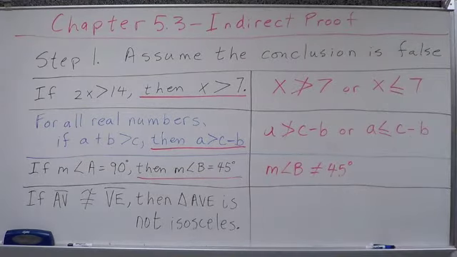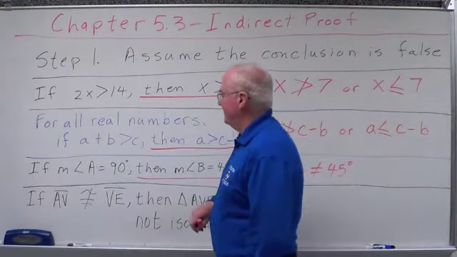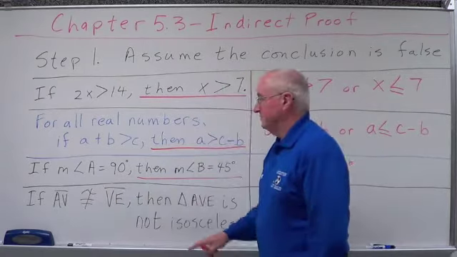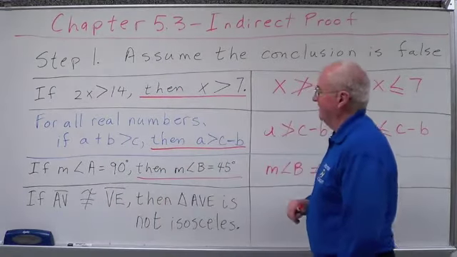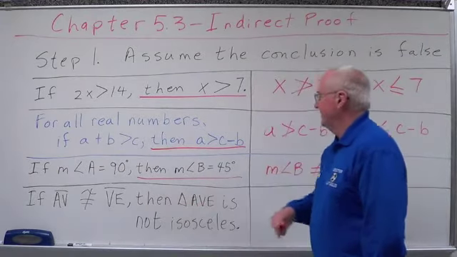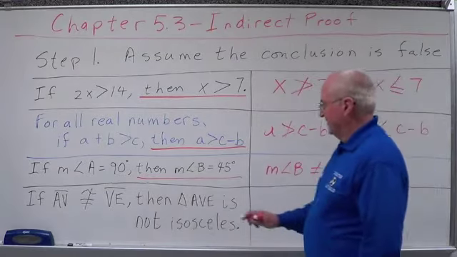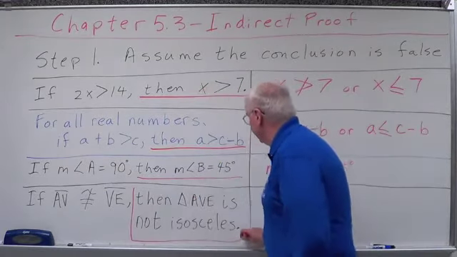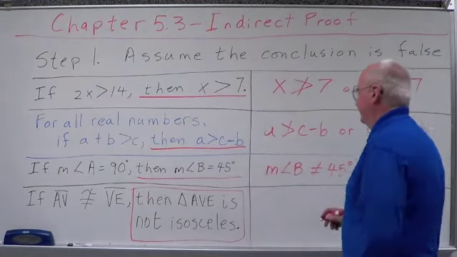Now, the last one we're going to look at is: if segment AV is not congruent, that's what congruent with a slash through it means, to segment VE, then triangle AVE is not isosceles. So what we want to do is look at this, which is our conclusion for that statement, and how we're going to say it.